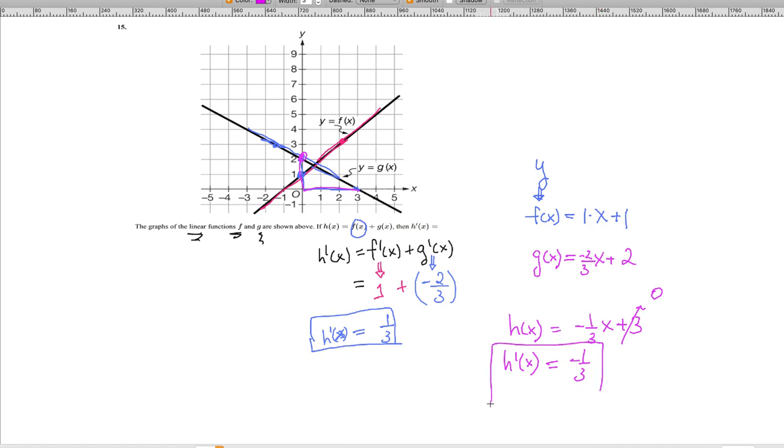So h prime of x is 1/3, and then that's it, and we're done, either which way.